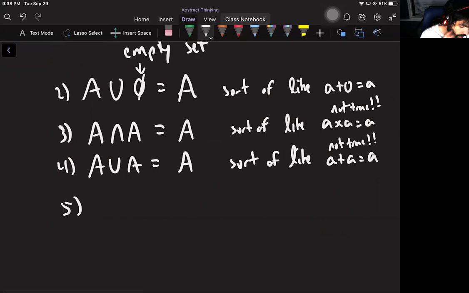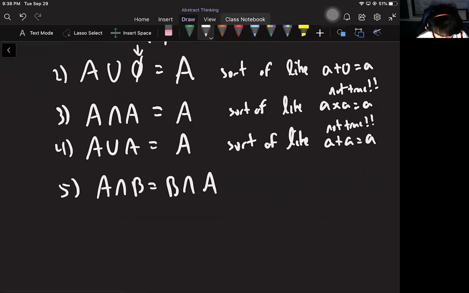So these ones, I think I proved this one last time, or I'm going to prove it this time. I don't remember. But in any case, this is called a commutative law, and I don't know why it's called that, but it means you can switch the order of the operation, and it doesn't change what you get.